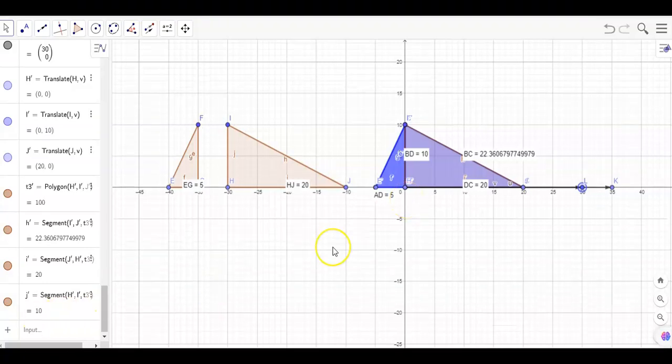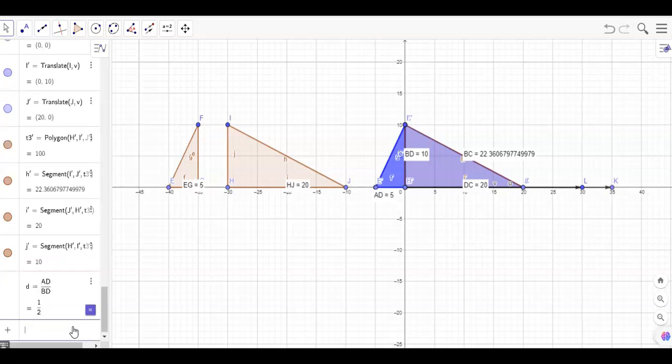All right, so let's calculate now the ratio A is to X. So our A is AD, our X is BD. So AD over BD, right? So we have 1/2. And then the shorter leg of the bigger right triangle over the longer side of the bigger triangle.